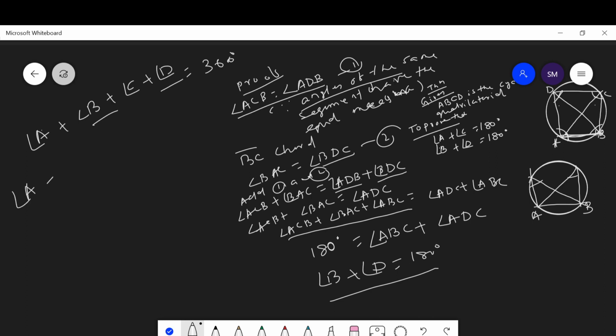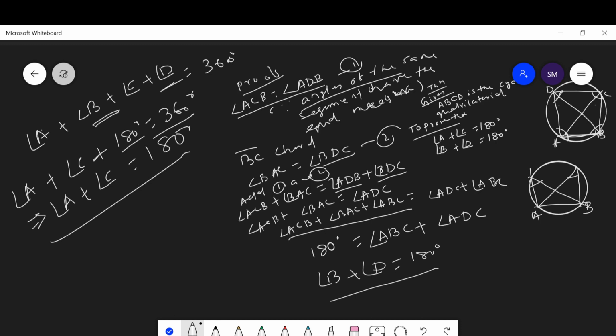This means angle A plus angle C plus this 180 degrees is equal to 360 degrees, which shows that angle A plus angle C is equal to 360 minus 180, which is 180 degrees. Hence we prove that angle A plus angle C is equal to 180 degrees, and angle B plus angle D is equal to 180 degrees.